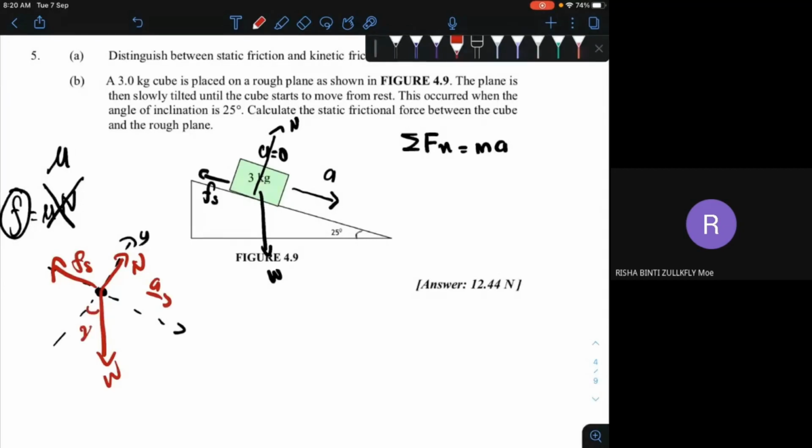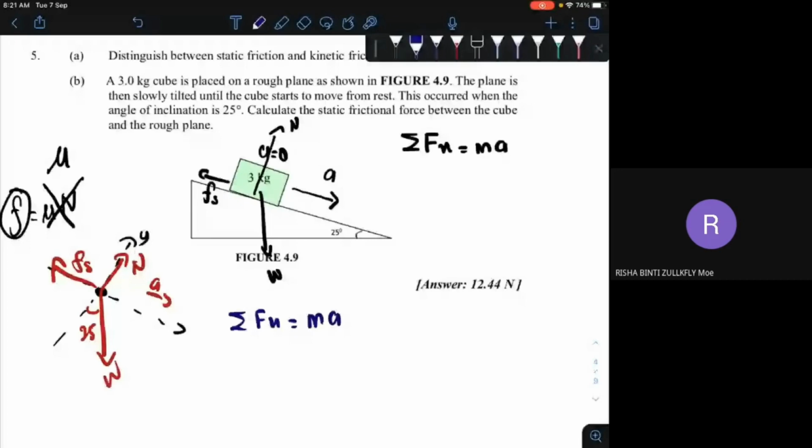This is 25. So sekarang forces along X, saya tak buat table, saya terus ambil. We are going to focus on X sahaja. Fx equals to ma. Total force dekat sini.